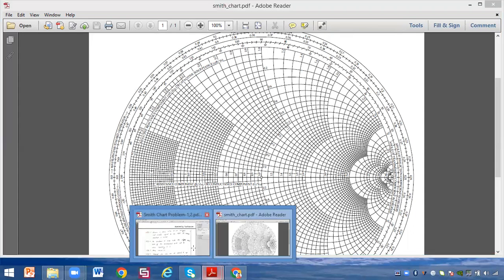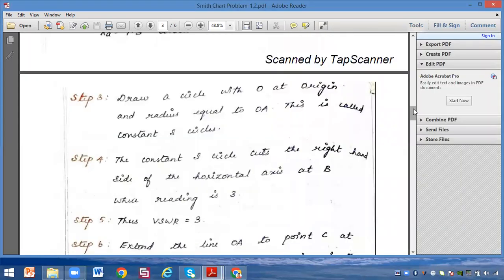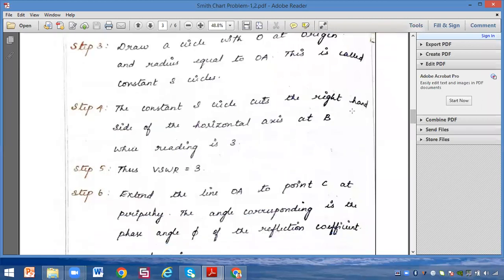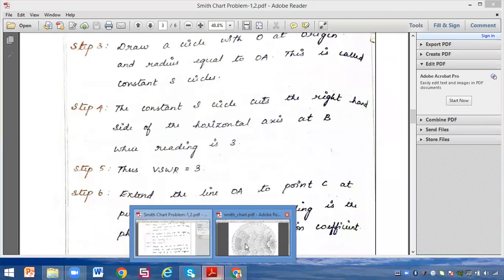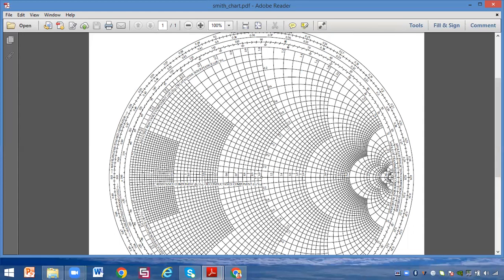That is step 3. Coming to step 4, the constant S circle cuts the right hand side of the horizontal axis at B, where the reading is 3. When you draw the constant S circle, you take the radius from the origin to point A, which is your normalized load impedance. With that radius, keeping the origin as the center, you draw the constant S circle.